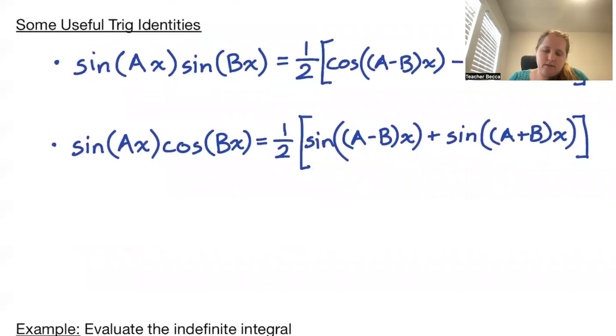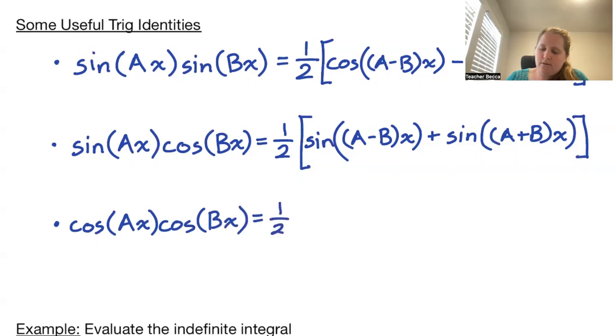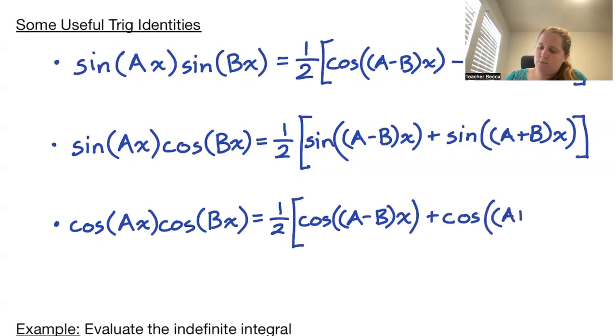And finally, we have that cosine of ax times cosine of bx is equal to 1/2 times cosine of (a minus b)x plus cosine of (a plus b)x.